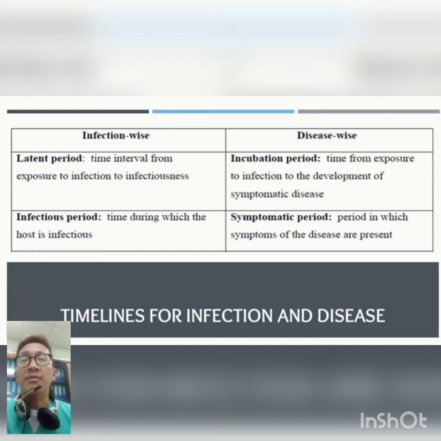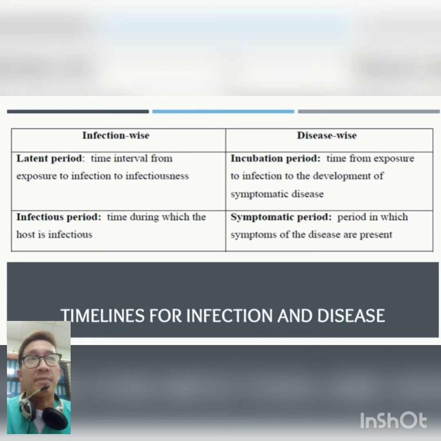While your incubation period is the time interval between infection and the appearance of clinical symptoms. That is your incubation period. Infection and the appearance of clinical symptoms. While latent period is infection and becoming infectious.